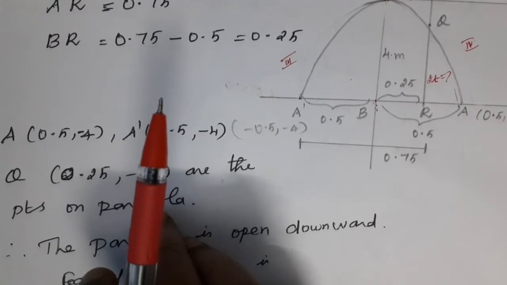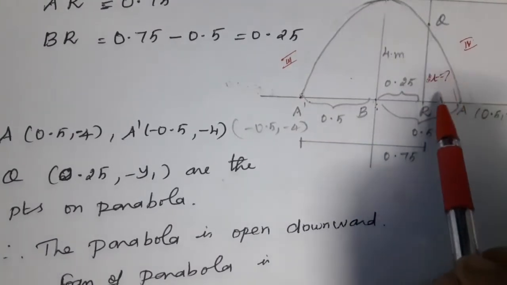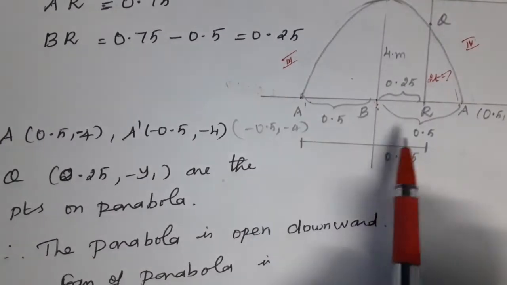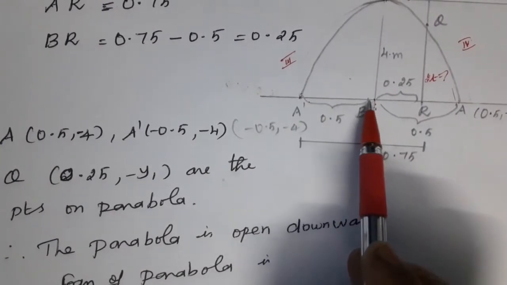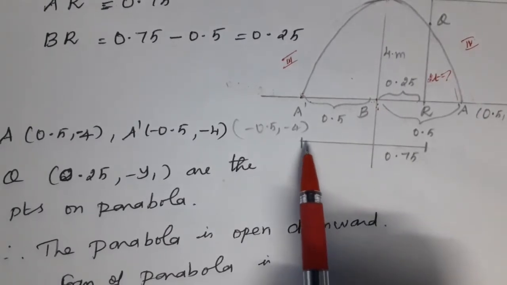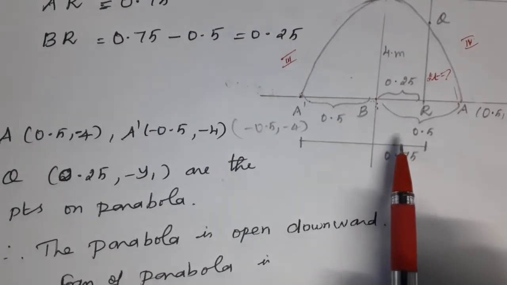The path of the waterfall is in the form of a parabola. Find the height of the water at a horizontal distance of 0.5 meter. A dash B is 0.5. Now we are going to find the height from the origin to 0.5 meter. What is the question asking?